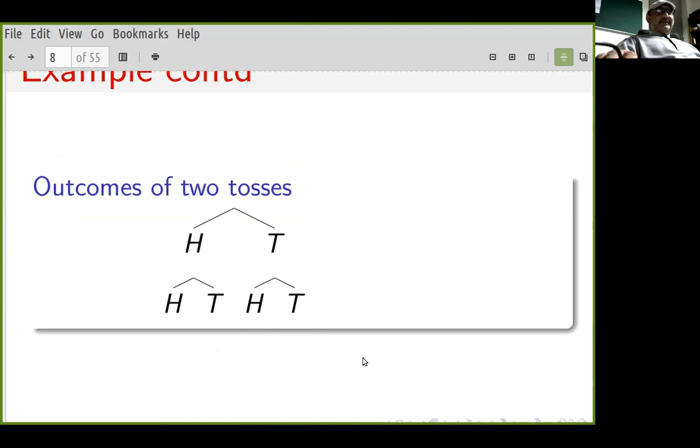Now, the result of this experiment could be head-head, head-tail, tail-head, and tail-tail. Now, how many possible outcomes are there for this experiment? Well, there are 4 possible outcomes.